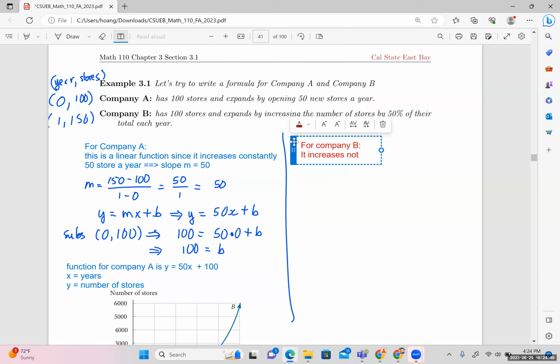No, I would say it's increased by a rate. And we call that an exponential function. So how can we have the formula for it?